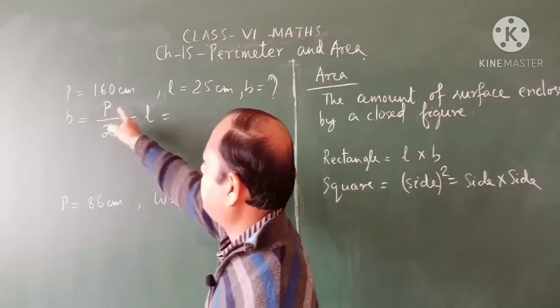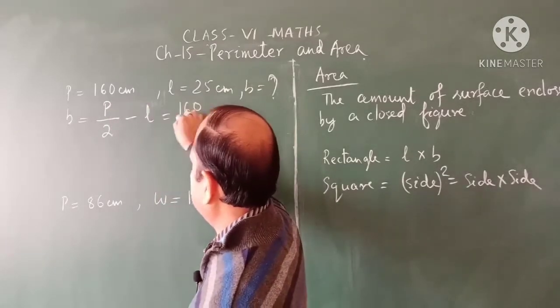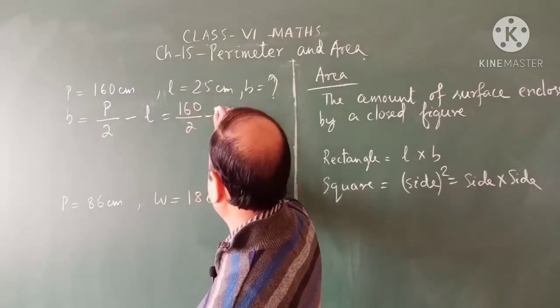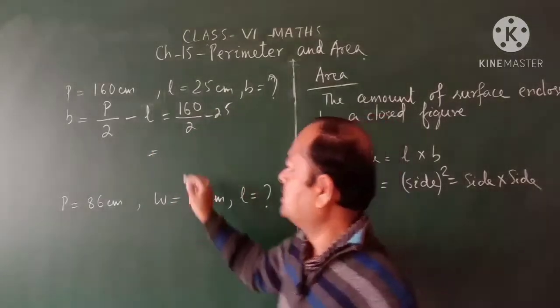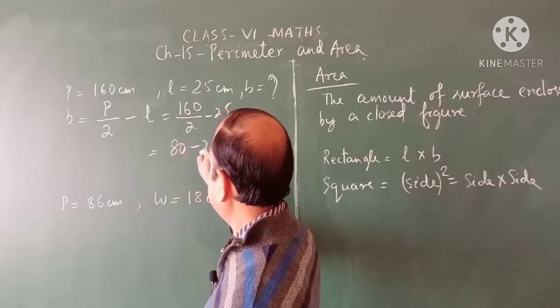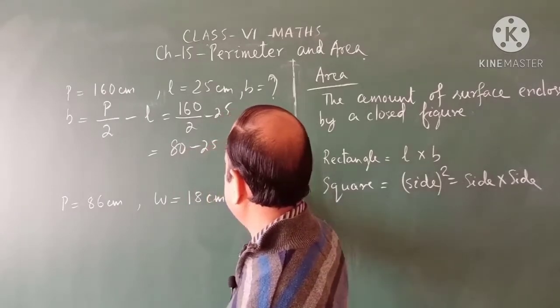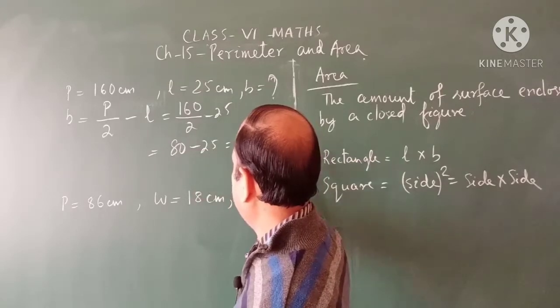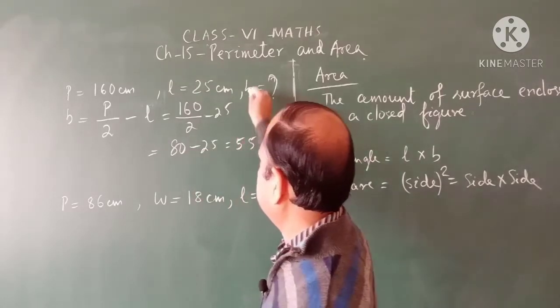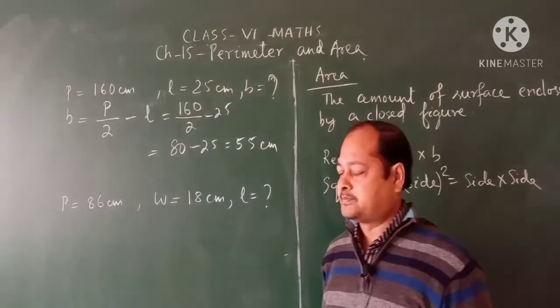So here P is 160 upon 2 minus length 25, equal to 160 divided by 2 is 80, minus 25 equals 55. So 55 centimeter is the breadth of this figure.